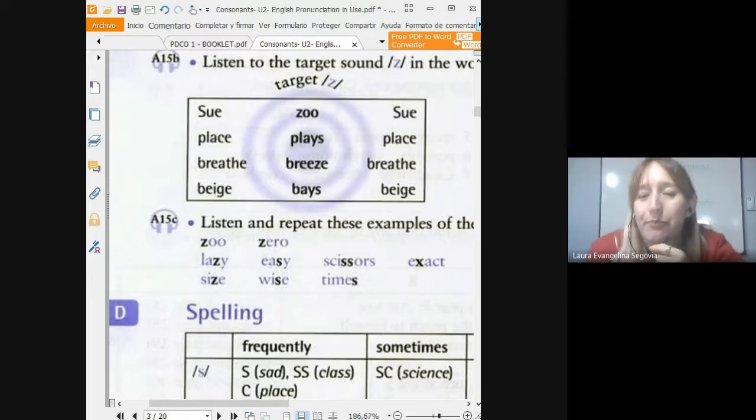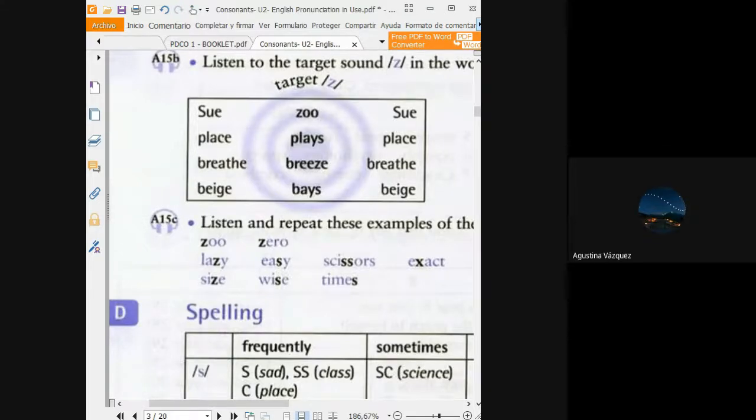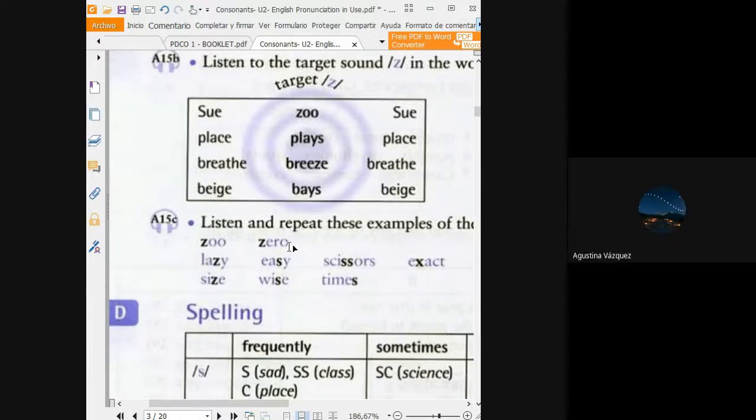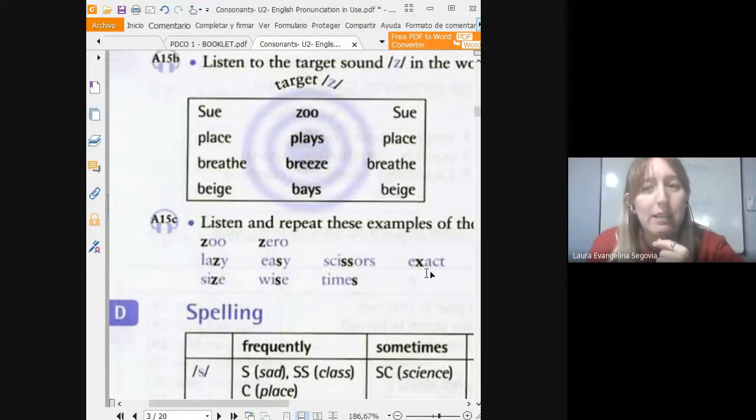Agus. Are you there? Wait. Start from zoo, and you finish with times. You start the other way around. Come on. Zoo. Zero. Lazy. Easy. Scissors. Exact. No, wait there. Exact.